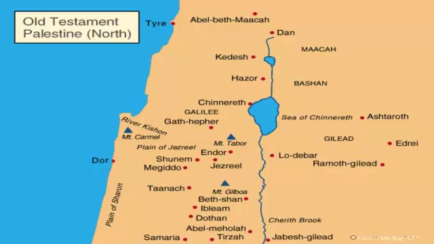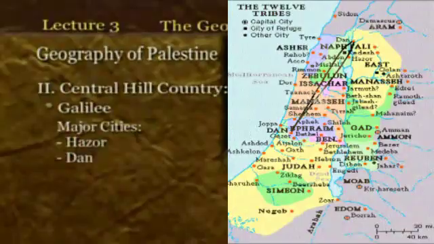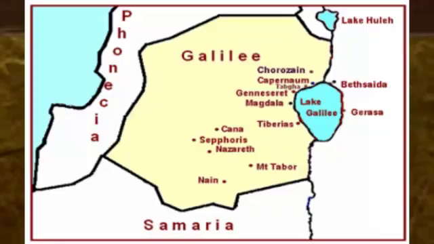Also up north was the major city Dan, and Dan has been excavated for over 30 years. Dan, or Laish, prior to the Israelites coming and taking it over, was a Canaanite city, and there's a magnificent Canaanite gate that's currently being restored as well.